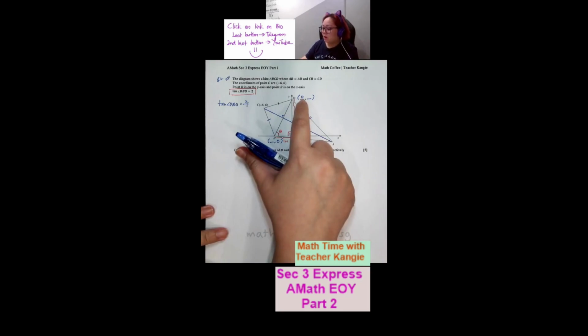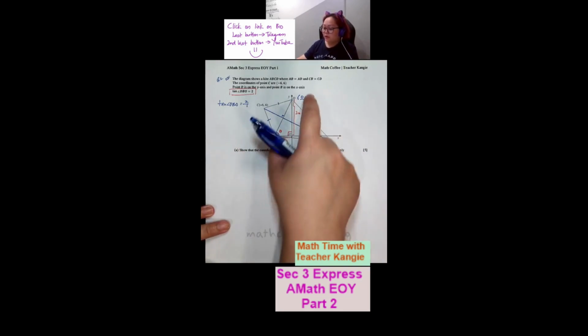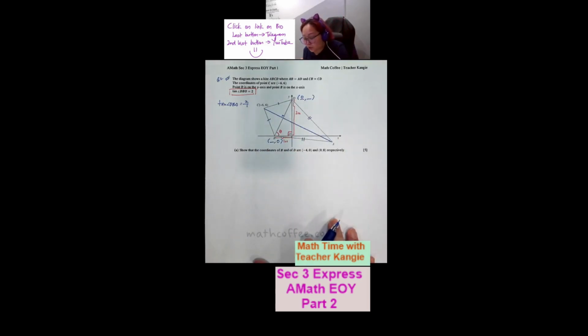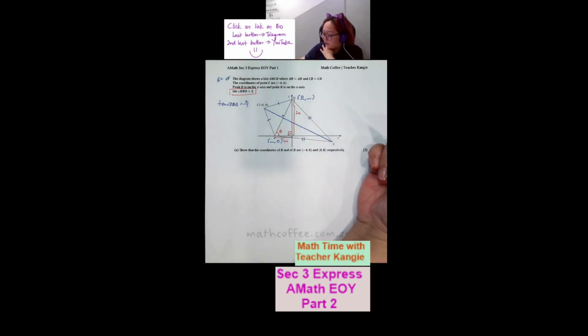Remember just now for point D and point B, we already put whatever we already know here, correct? DB is square root of 5. No, we don't need that one, because we're not using the length of DB.